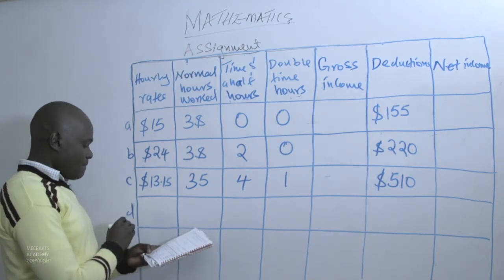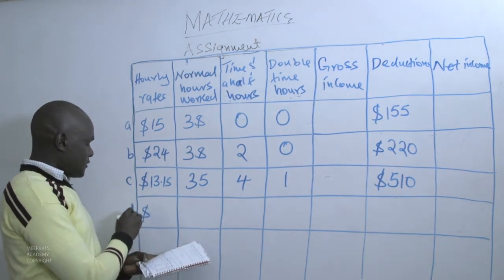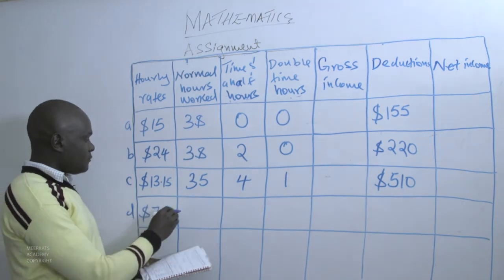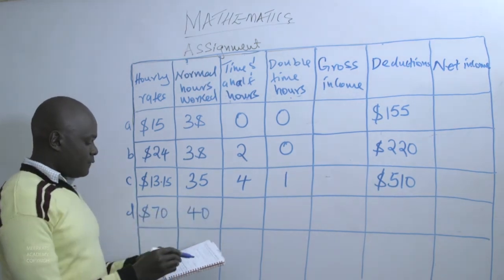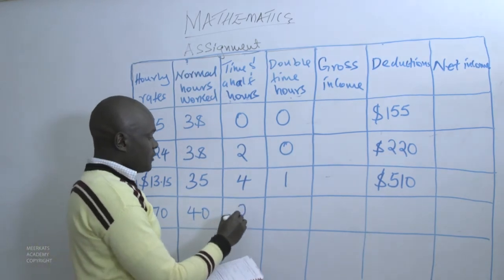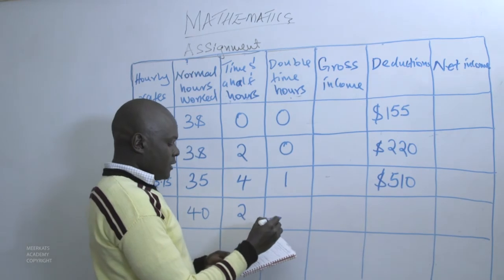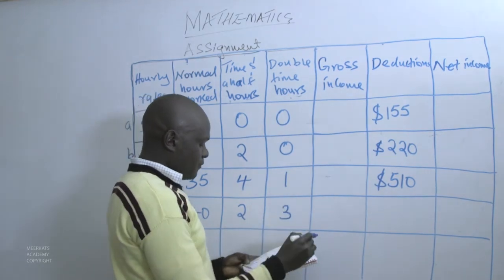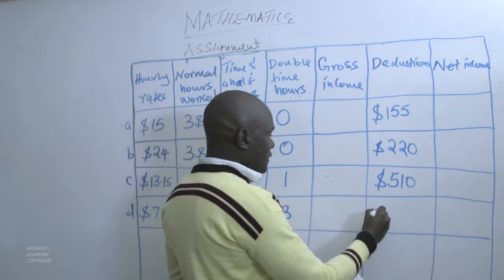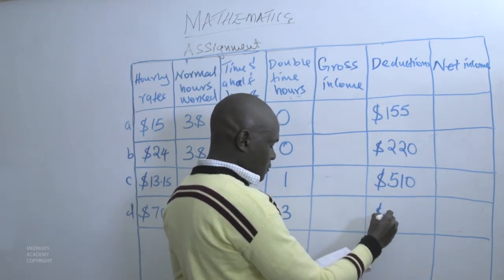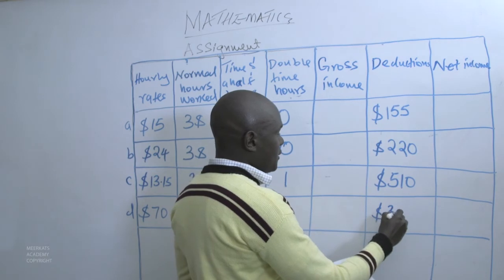And lastly, the rates are 70 per hour, normal rates. The normal working hours are 40 in a week. Time and a half are 2 hours. Then double time is 3 hours. Then we effect total deductions of $300.